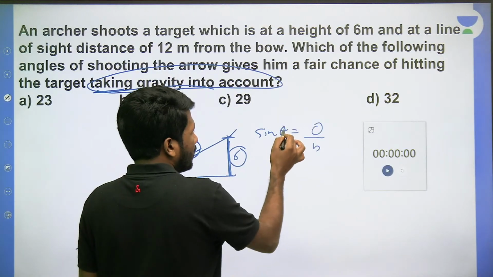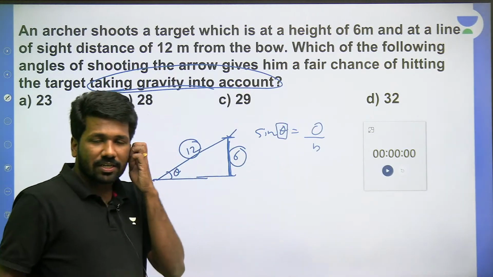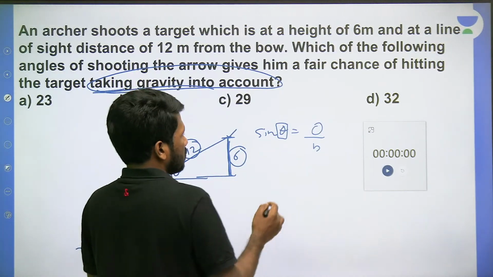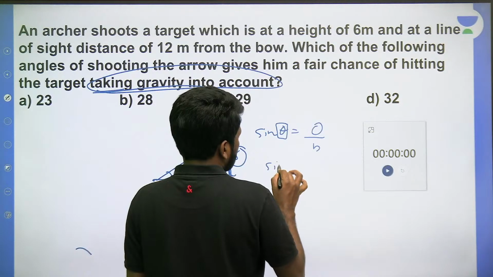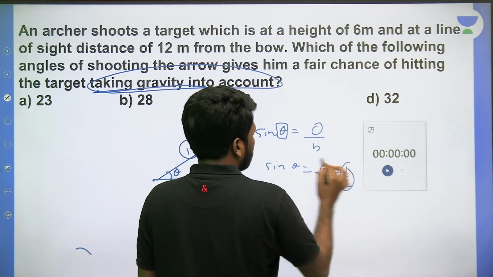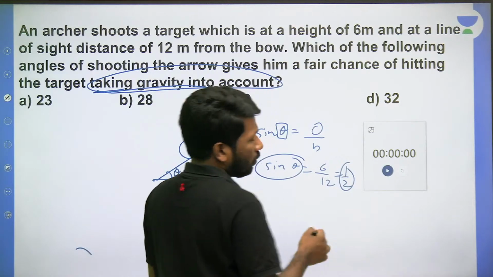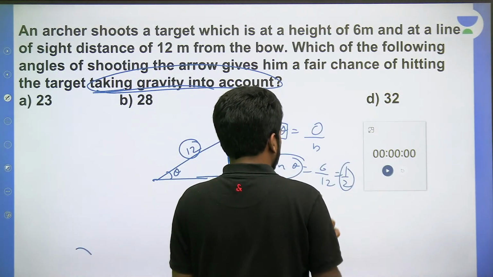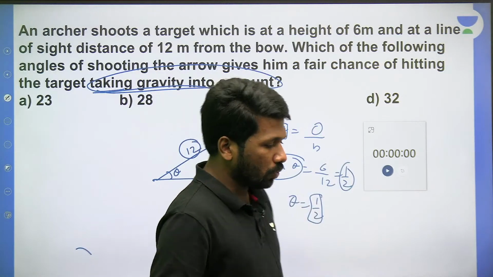So from sin theta he can easily find the value of theta. We can find the value of theta from this expression. Sin theta is opposite by hypotenuse. Here sin theta will be 6 by 12. 6 by 12 is half. Which sin value gives half? 30. Sin 30 is half. Trigonometry basic identities you should know.